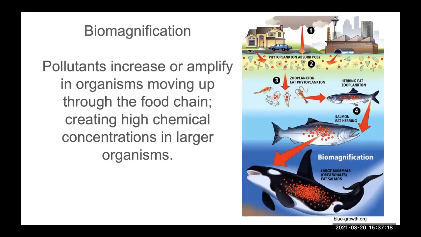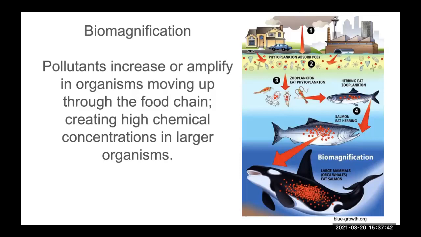Now think about this. Phytoplankton have very little amount in each of them. But if every zooplankton eats 5 phytoplankton, now they have 5 inside of them. If the herring eats 100 phytoplankton, it has 500 inside of it. So when a salmon eats 3, it's got 1,500 of these chemical concentration ingredients, right?